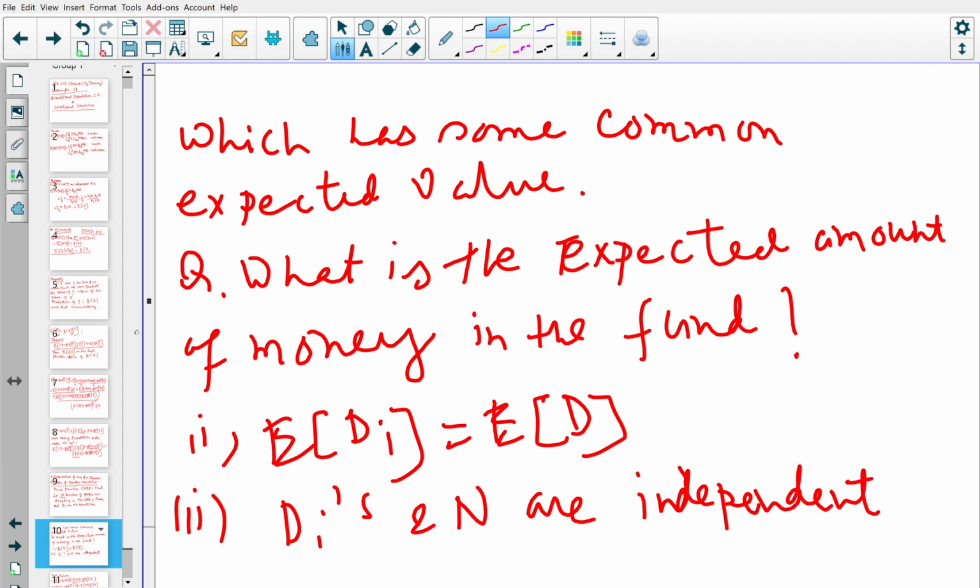So the D_i are all independent of each other, and N is also independent. Under this condition, my question is what is the expected sum of the money that can be raised in that Prime Minister Cares Fund.